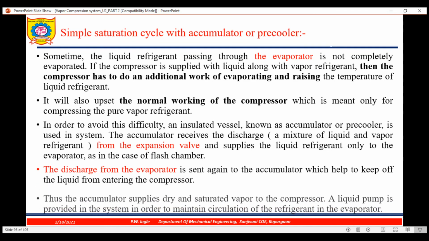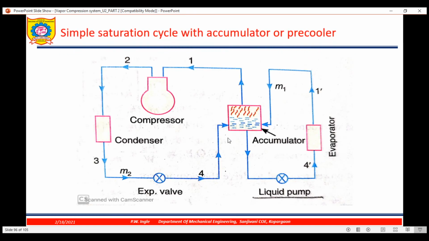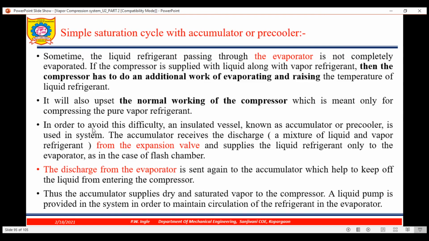So where is it located? Here you see, after the evaporator, the accumulator is provided. In order to avoid this difficulty, the insulated vessel known as accumulator or pre-cooler is used in the system. The accumulator receives the discharge, that is a mixture of liquid and vapor refrigerant, from the expansion valve.